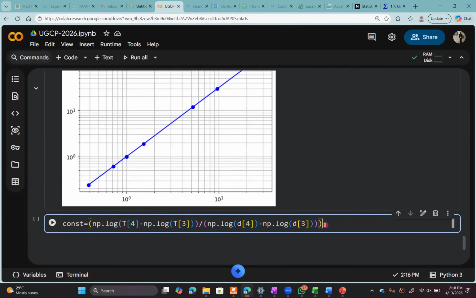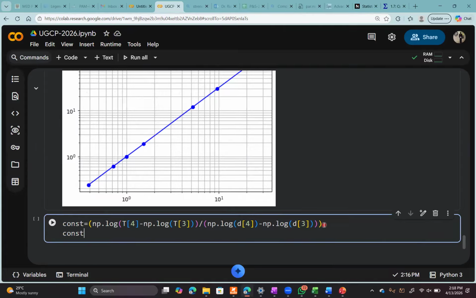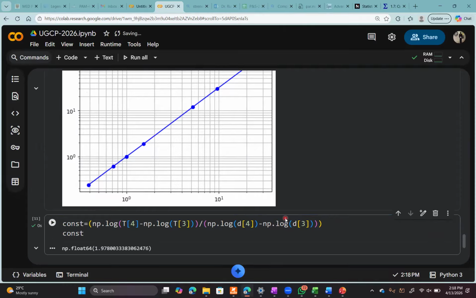If these parentheses are consistent, then from this expression, I will get the value of 1.9778. So log of T4, log of T3, log of D4, and log of D3. Let's change that value, say 5, and consistently in distance 5, 1.83. So this is a kind of the approximate value.